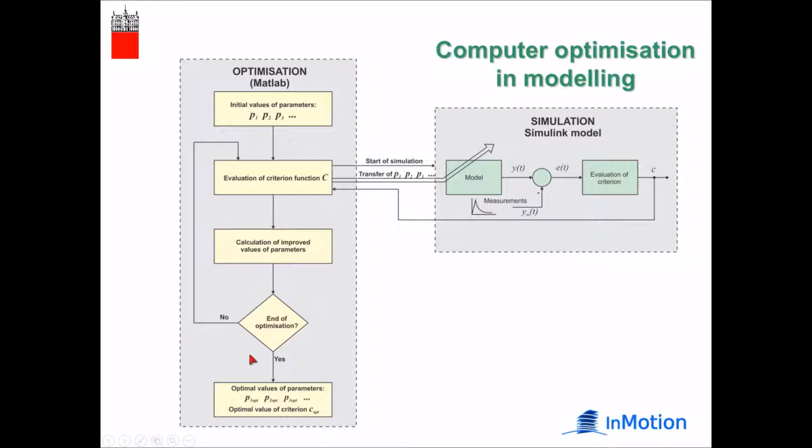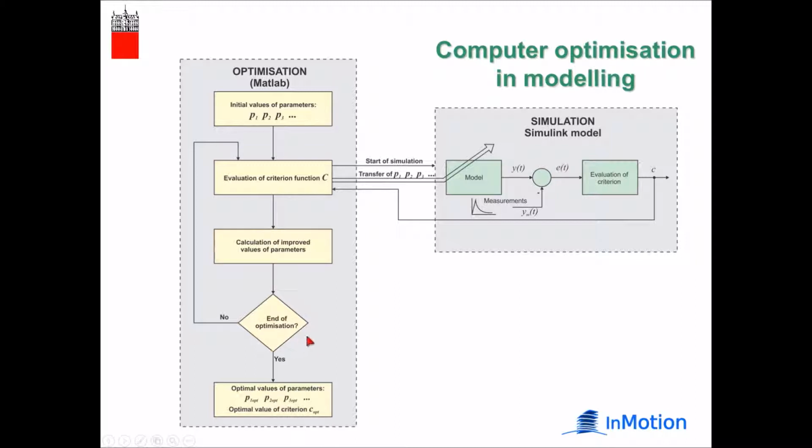Then there is a question whether or not to finish the optimization. If not, we continue with the next iteration. So optimization actually means that we perform several iterations. Each iteration gives improved values of parameters.